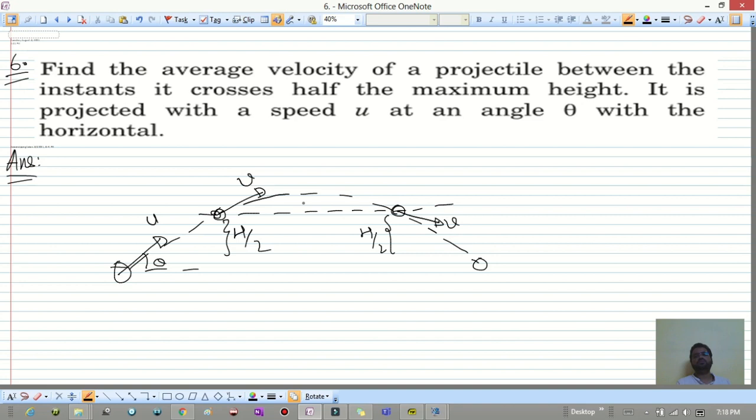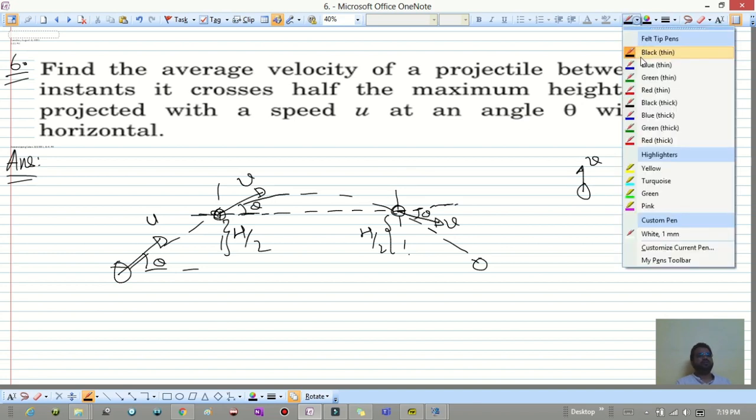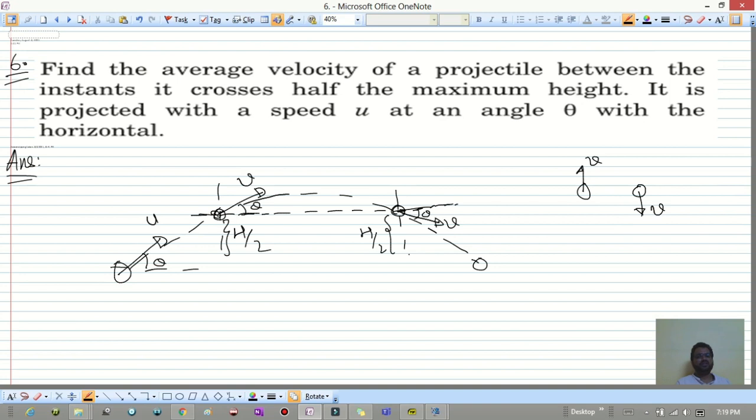Why? Because the height is the same, isn't it? So whatever velocity in the upward direction and whatever velocity in the downward direction, magnitude wise these two velocities must be the same. Okay, so if I consider the angle theta over here also, the angle theta with respect to horizontal, then the horizontal velocity is v cos theta.